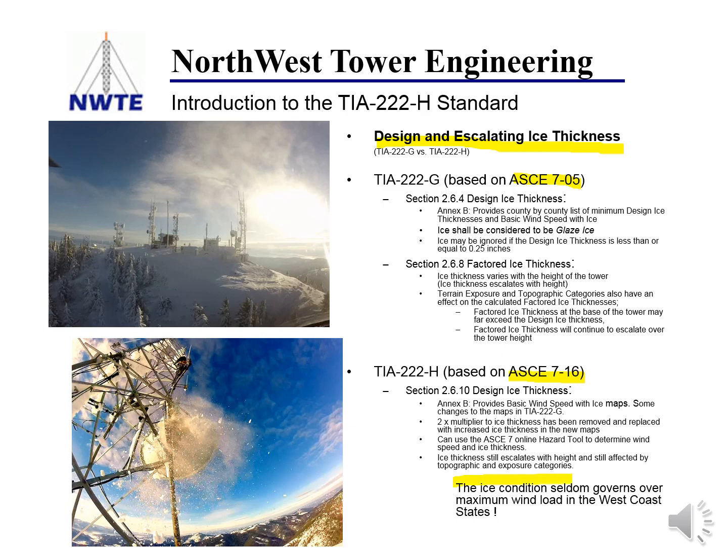It says here, the ice conditions seldom governs maximum wind speed in the West Coast. The reason for that is, even though we consider much thicker ice conditions, the wind speed that we're reviewing is a lot less than we used to under the F standard. So it typically will not control, particularly on a self-support type structure.